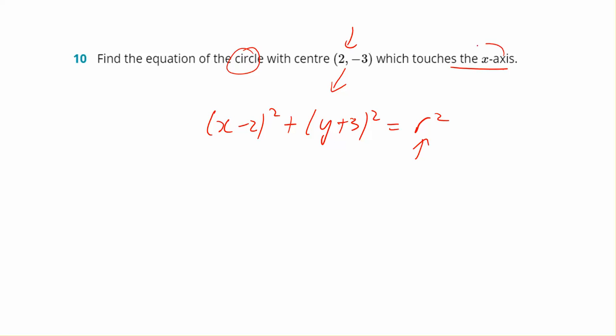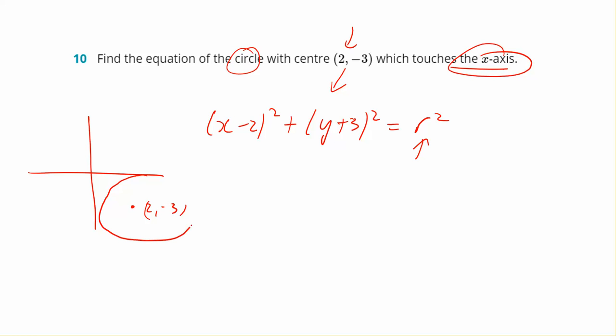We've got a little hint: it touches the x-axis. Touches the x-axis means it's kissing it, it's just touching it. So (2, -3) is somewhere over here, we've got a circle, and it touches the x-axis, meaning it just touches it.